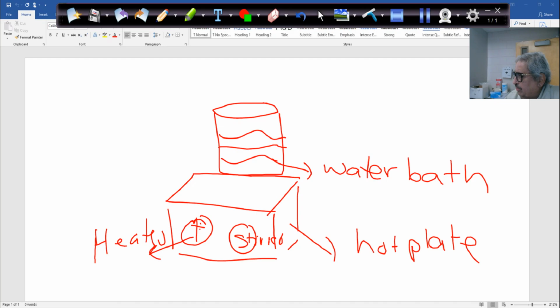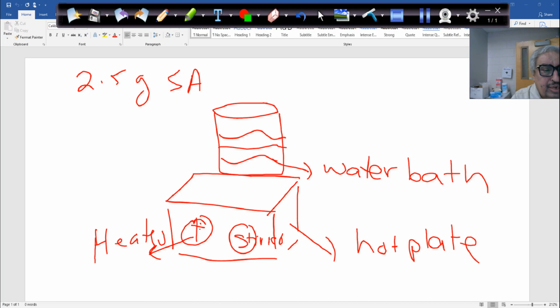You will have your salicylic acid, correct? 2.5 grams of salicylic acid, and then you weigh this one here, 2.5 grams.